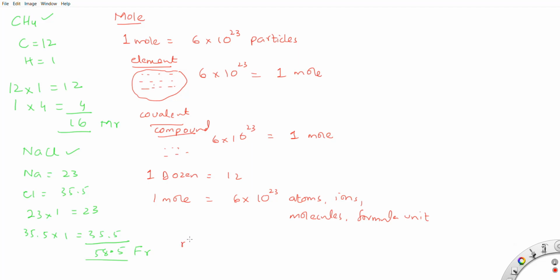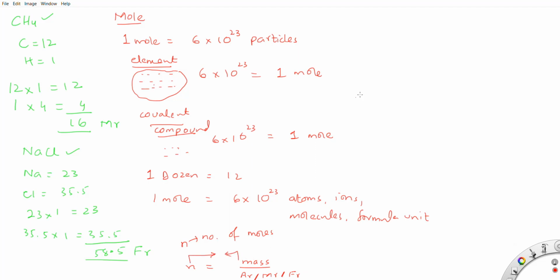I can use n to represent the number of moles. This n is equal to the mass of an element over its relative atomic or molecular or formula mass, anything like that. So this is how you convert between moles and mass, or mass and moles.